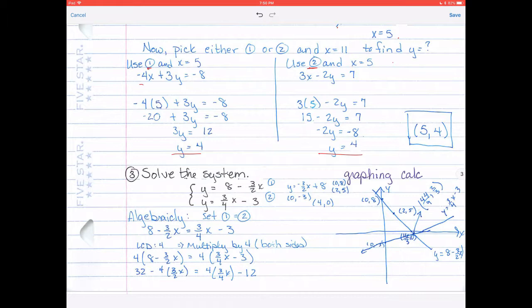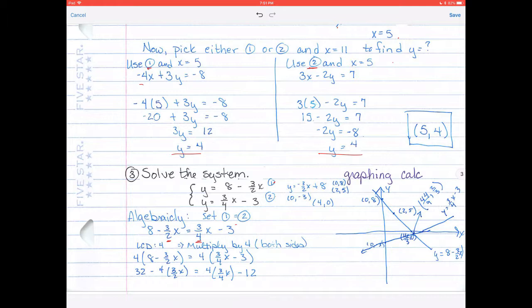So what you're going to do for the algebra is set equation 1 equal to equation 2, and then solve. So the first thing I do is I'm going to multiply both sides by the LCD. So the least common denominator for these two fractions is 4. Okay?